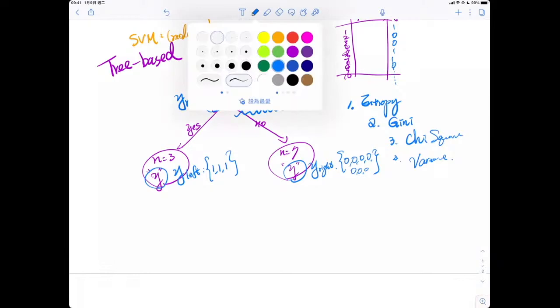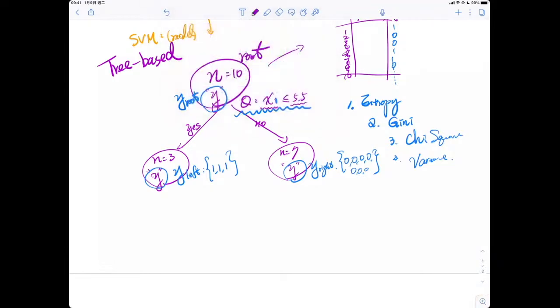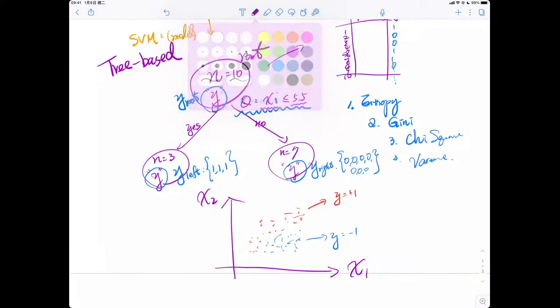Although we call it tree-based algorithm, from my opinion, they are still partition-based algorithm because we can write it in this way. For example, that's x1. For example, we have only 2 features, and we have some data right here, the red ones. And for tree-based questions, maybe the very first question you should ask is to partition this y+1 and y-1 as clean as possible.